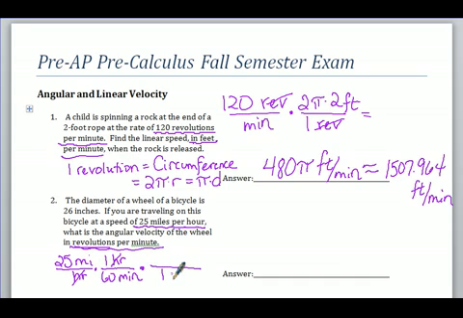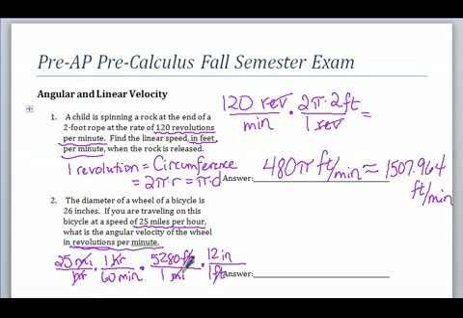Miles on top, so I'm going to put 1 mile on bottom, equal to 5,280 feet. Miles cancel. Now I'm going to convert feet. 1 foot is equal to 12 inches. Feet cancel. Now I have inches.